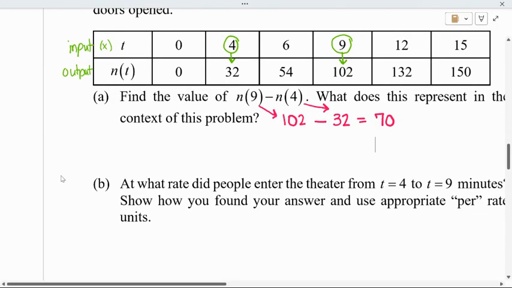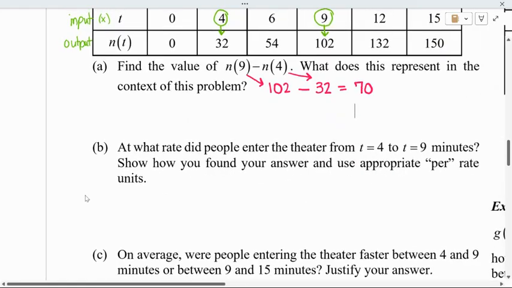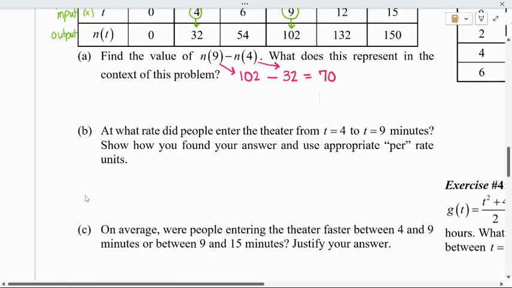Okay. At what rate did people enter the theater from 4 to 9 minutes? So we're finding how quickly that happened. So we have to take the N of 9 minus the N of 4 over what I just input, which is 9 minus 4.